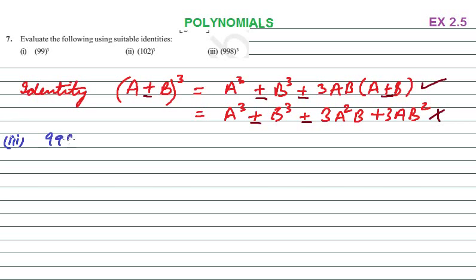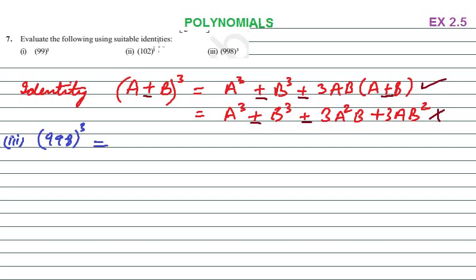Here we go, 998 cube. Now here it is cube. My purpose is to make the calculation of this cube easier. Either I can multiply 998 three times, that means 998 into 998 into 998, but that will be quite clumsy. So what I'm going to do is use the identity.